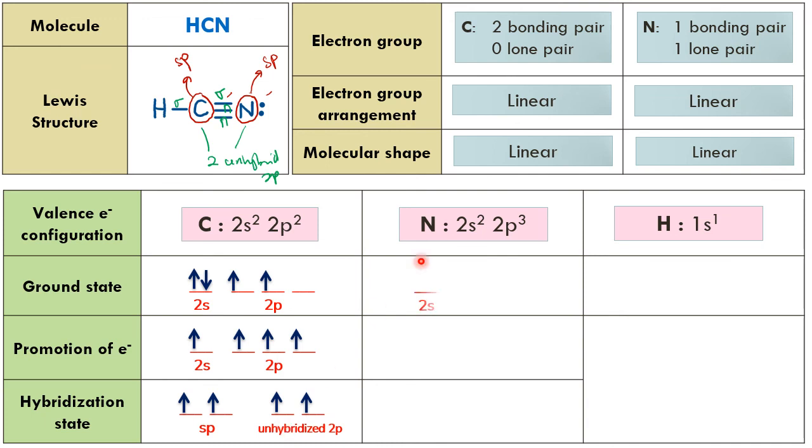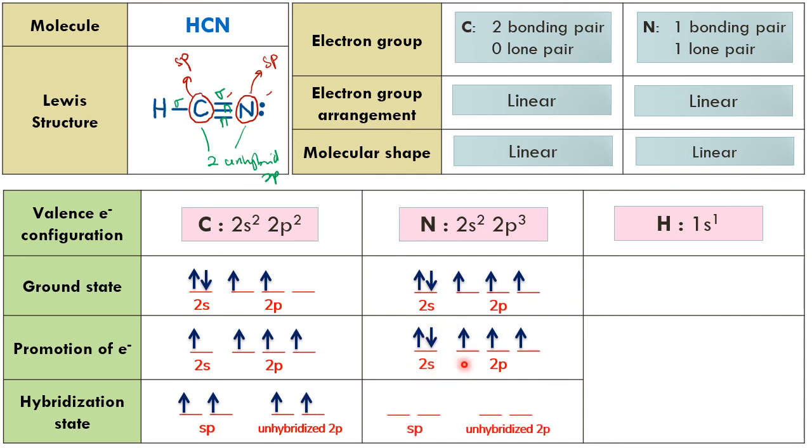Okay, kemudian untuk nitrogen pun sama juga. Okay, so the ground state for nitrogen. Okay, so take note ada satu lone pair dekat sini. So lone pair pada 2s. Okay, untuk promotion of electron dia perlukan 3 bond, sudah ada 3 single elektron, jadi salin saja as it is. Okay, jadi untuk hybridization for nitrogen, it's between these 2s and 2p.